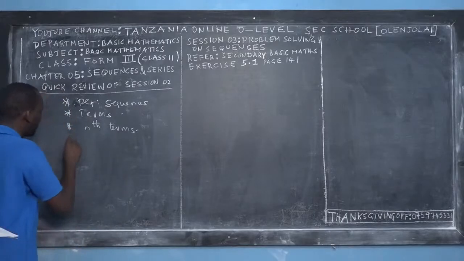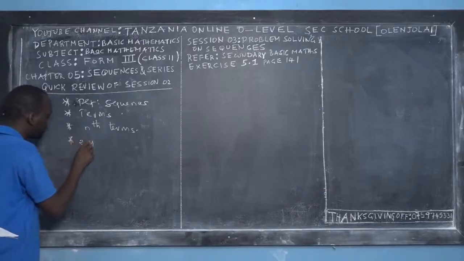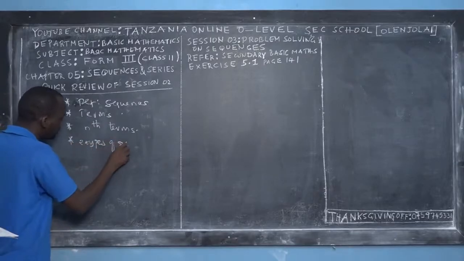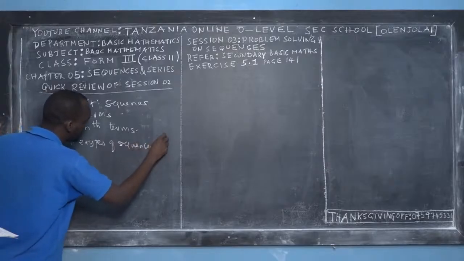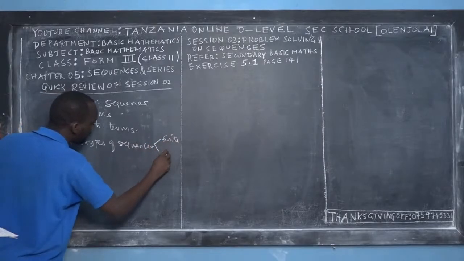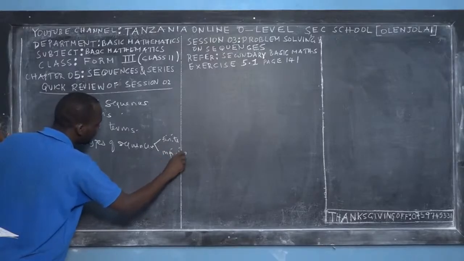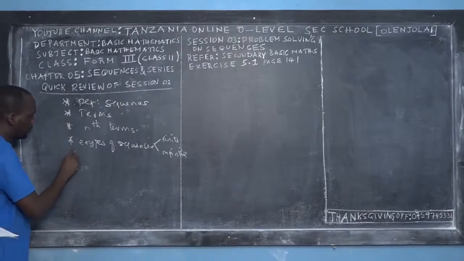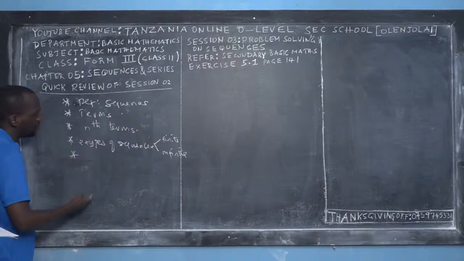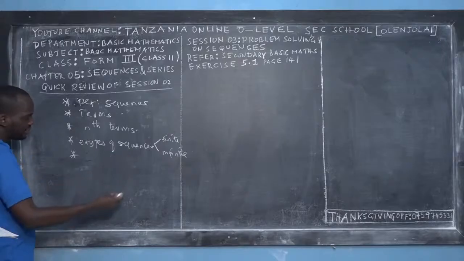I told you about two types of sequences: we have finite sequences and infinite sequences. So make sure that you go through the second session before you go through this third session.